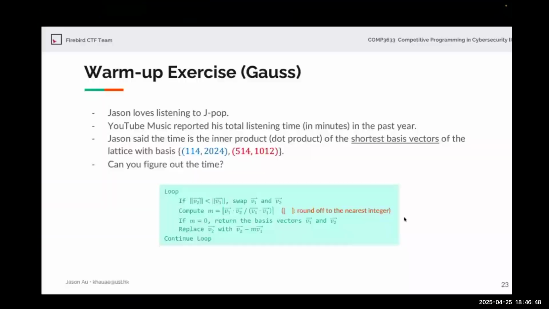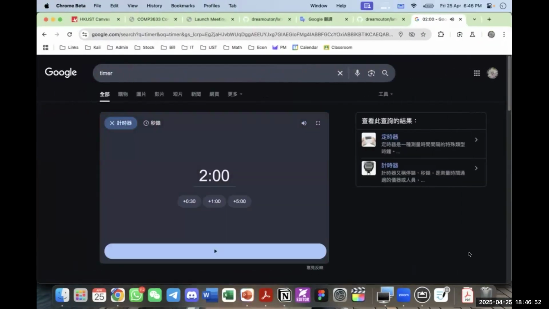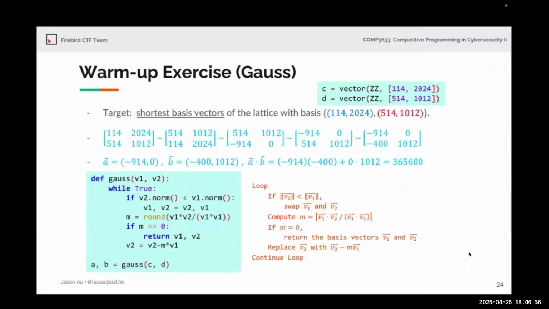Okay, so it's actually a very simple math exercise. So we can do it by hand because these two numbers are actually quite small. I can give you a very large number, so it will be more difficult to solve it by hand. So let me show you how to solve it by hand.